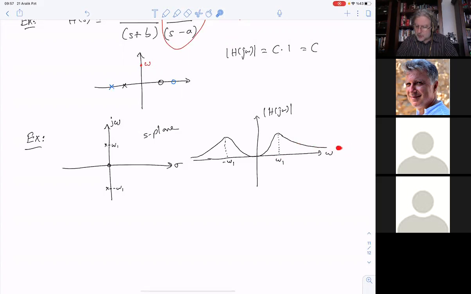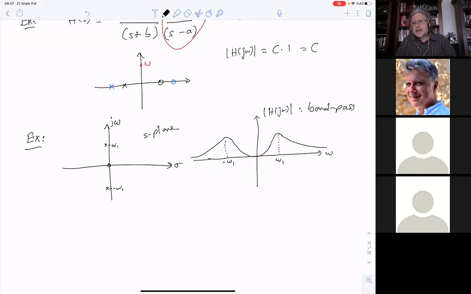So it's not passing much for high frequencies here and here, and it's not passing at low frequencies, but it's passing only the mid ranges. So it's actually a band pass filter shape. The proper name for this one is a band pass filter.